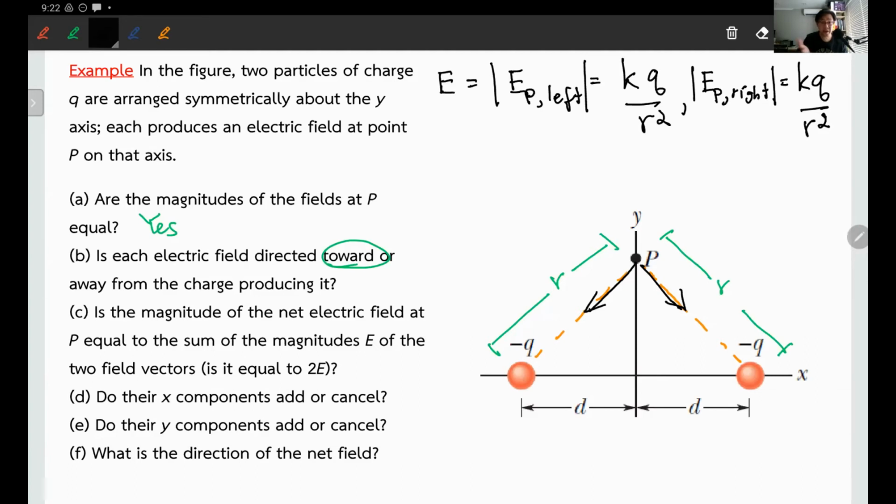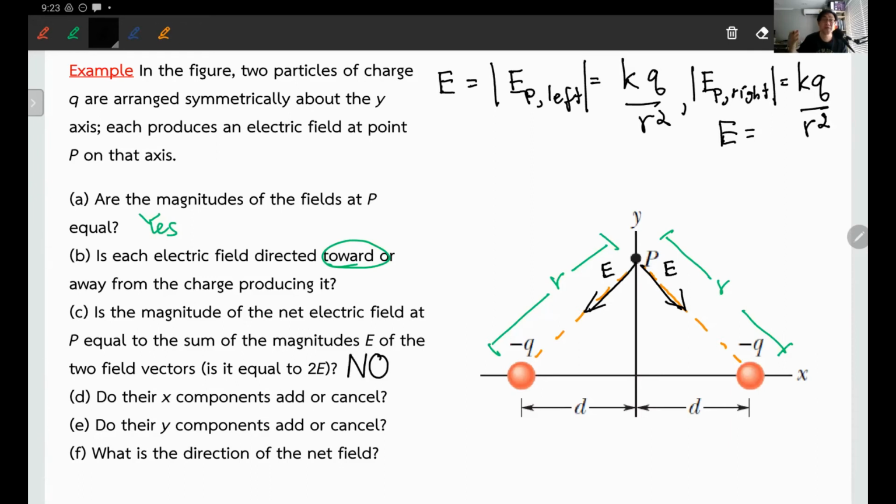Is the magnitude of the net field equal to the magnitude E of the two vectors? Each electric field vector, let's name it E, and we know these two have the same magnitude. They're both E. Is the sum of the two equal to 2E? Well, of course not. That's not possible.